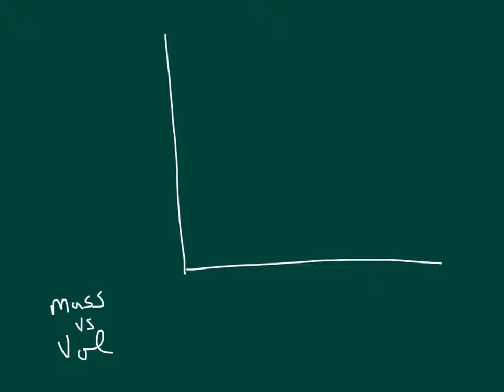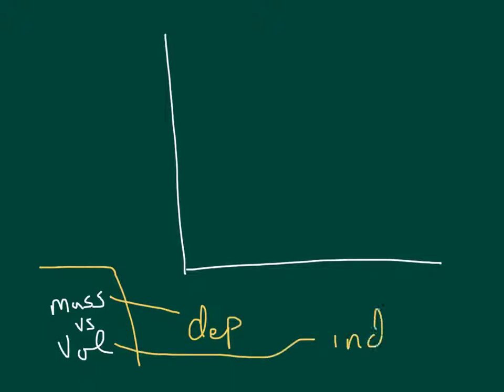And if you're going to plot a mass versus volume graph, one of the questions you're going to have is, where does mass go and where does volume go? When I say mass versus volume, that means mass is my dependent variable, volume is the independent variable. And when you're graphing, dependent always goes on your vertical axis.